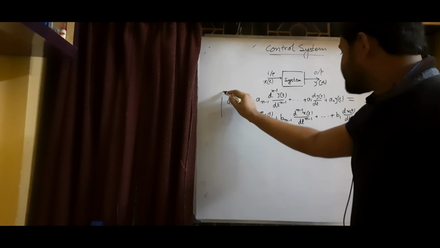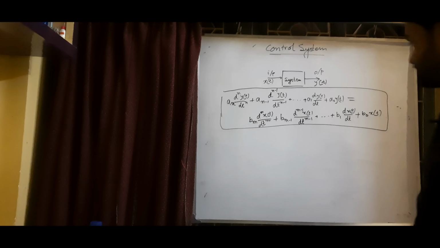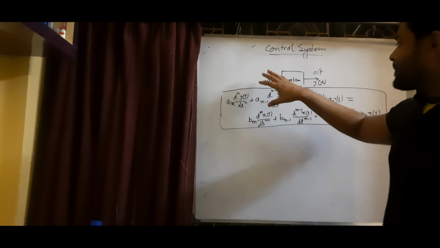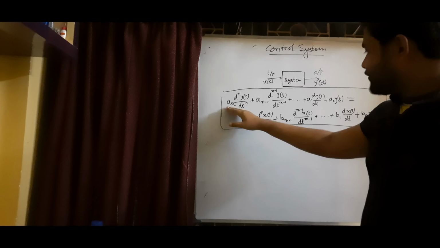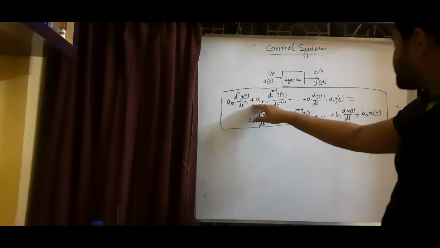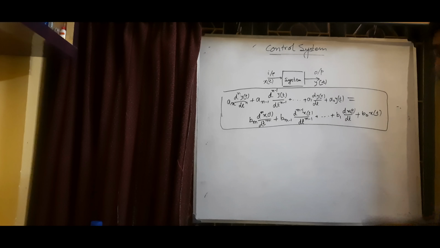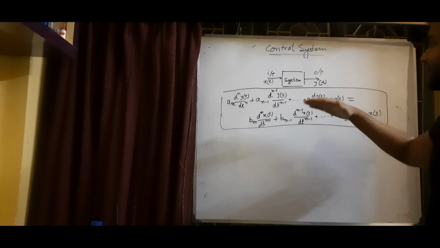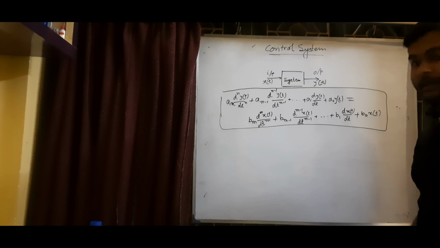So this is the general differential equation that will govern any system. Now the system order will depend on the physical laws that are governing the system. The coefficients, that is a_(n-1), a_1, a_0, b_(m-1), b_1, b_0, everything will be determined by the physical laws that are governing the system.